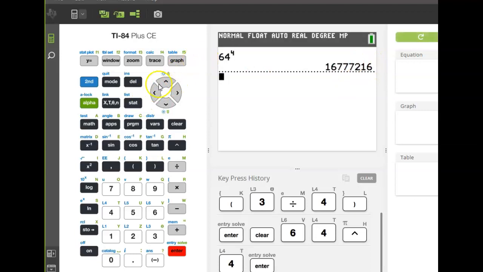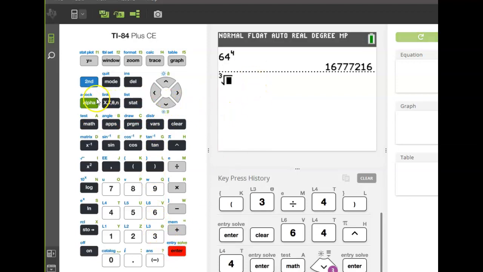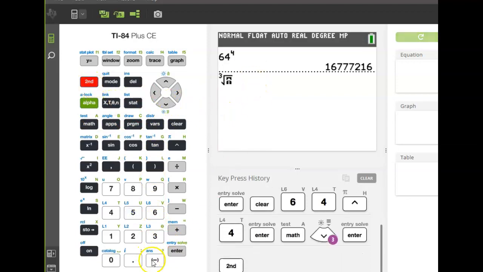But then I have to take the cube root, and this is the part you might not remember where the cube root is. So you hit the math button, and look at the option down here. Option 4 is the third root. So math, option 4, and then you can either go second answer, and that'll just take this big number and plug it in, or you could just type that in. Either way, when I do 64 to the 4th power and then take the cube root, I get 256.